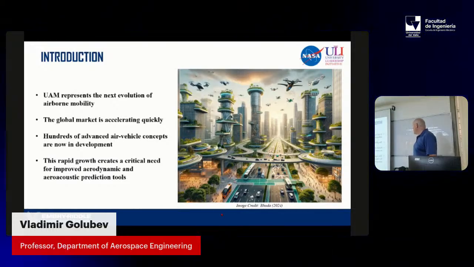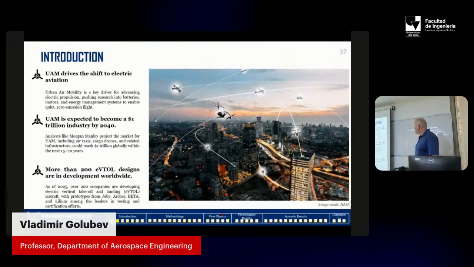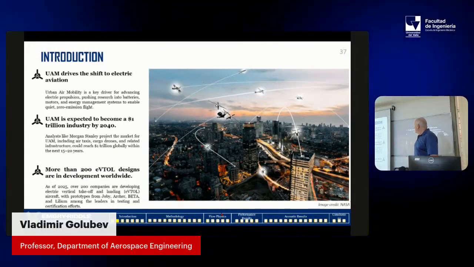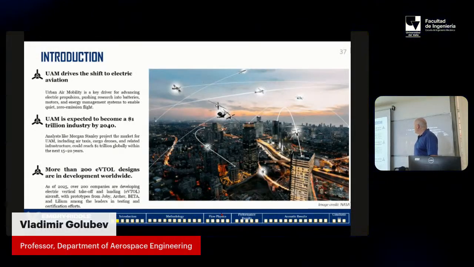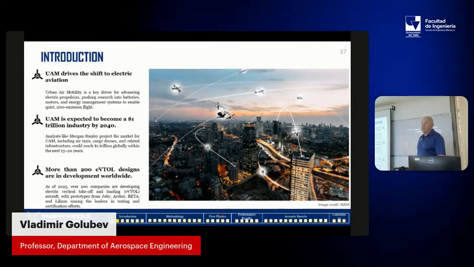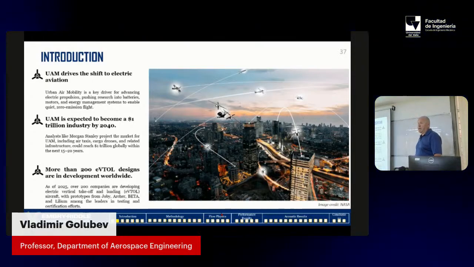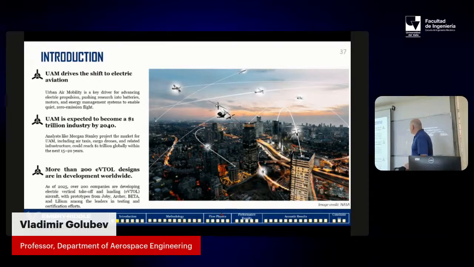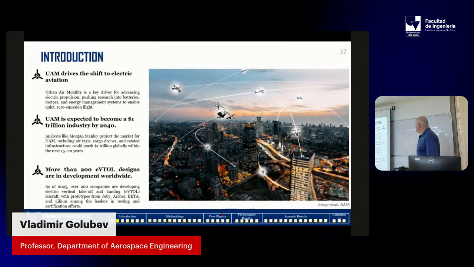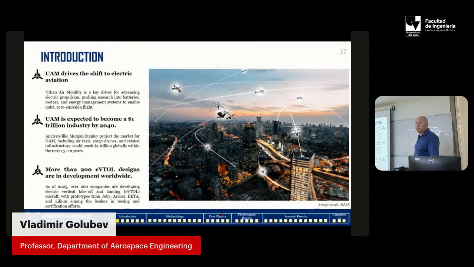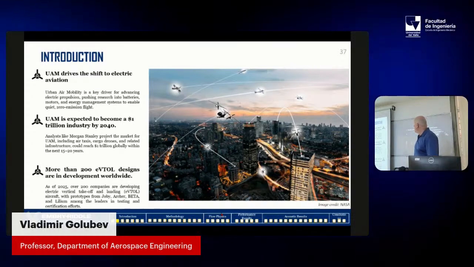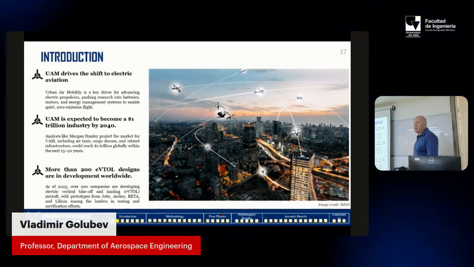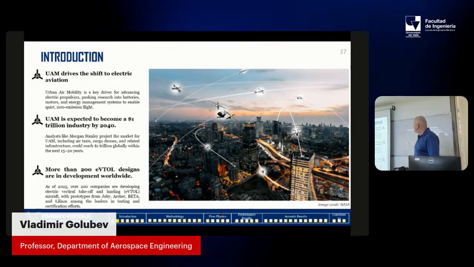Rapid growth rate is critical. Dynamics are predictions. A key driver is the availability of electric propulsion now, because it's all eVTOLs, electric vertical takeoff and landing vehicles, right? Pushing research in batteries. Of course, everyone talks about batteries. They need to be electric batteries, like lithium, which can sustain the flight for at least an hour or so.